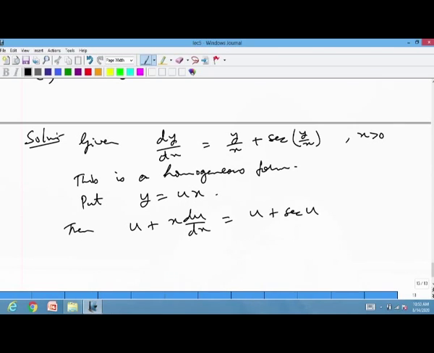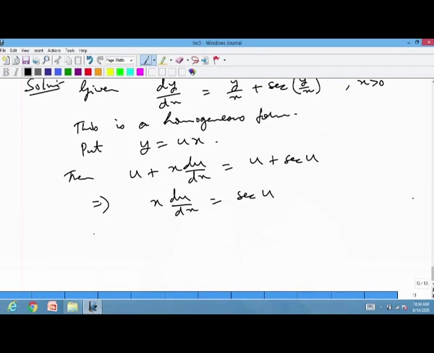So, u cancels and this implies x du dx is equal to secant u, which implies cos u du equal to dx by x.